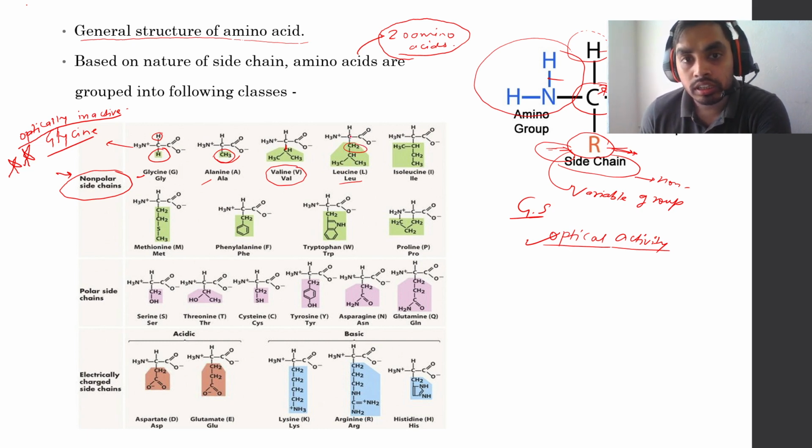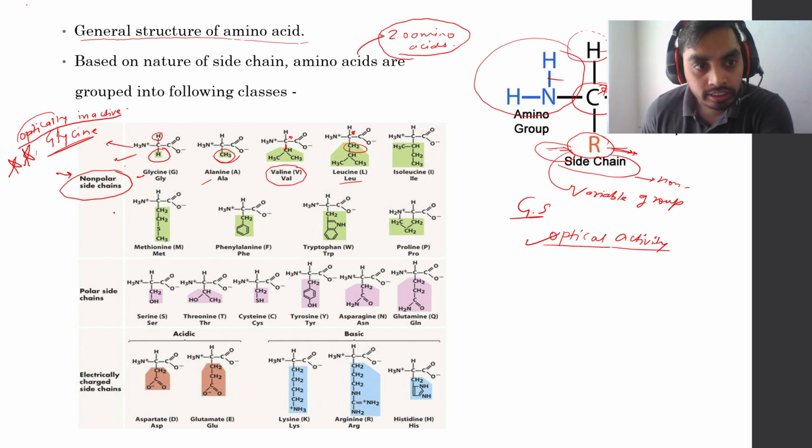So we don't need to remember all the examples and all the side chains, only some important ones. For example, in case of glycine, we need to remember that the side chain is hydrogen because this is an exception. It's optically inactive. So this one is important.